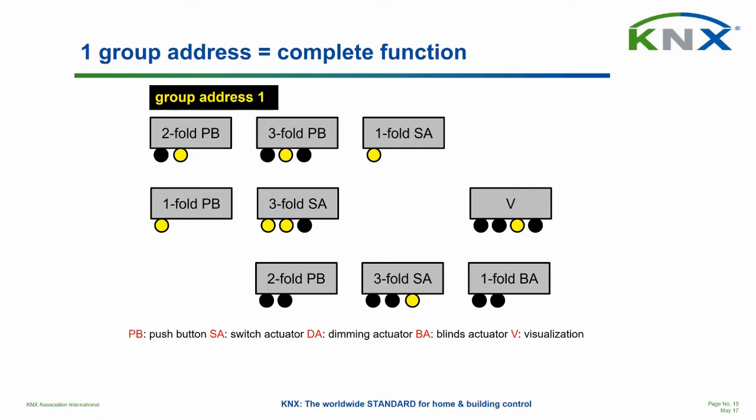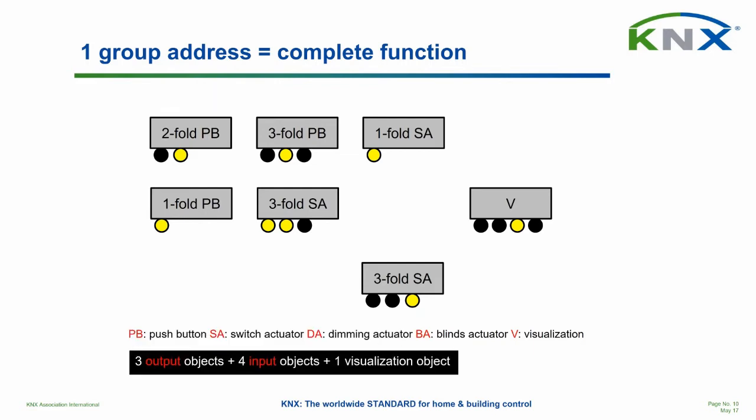Another blinds actuator, a push button that we don't need, and so this is what remains. Also here another blinds actuator we don't need. So having a closer look, what we see in this function is in total 3 output objects, 4 input objects, and 1 visualization object.